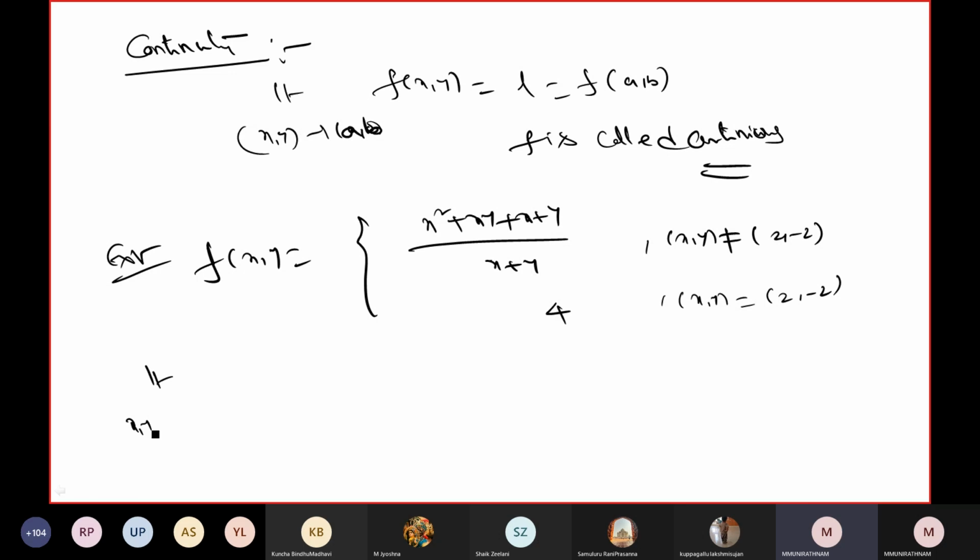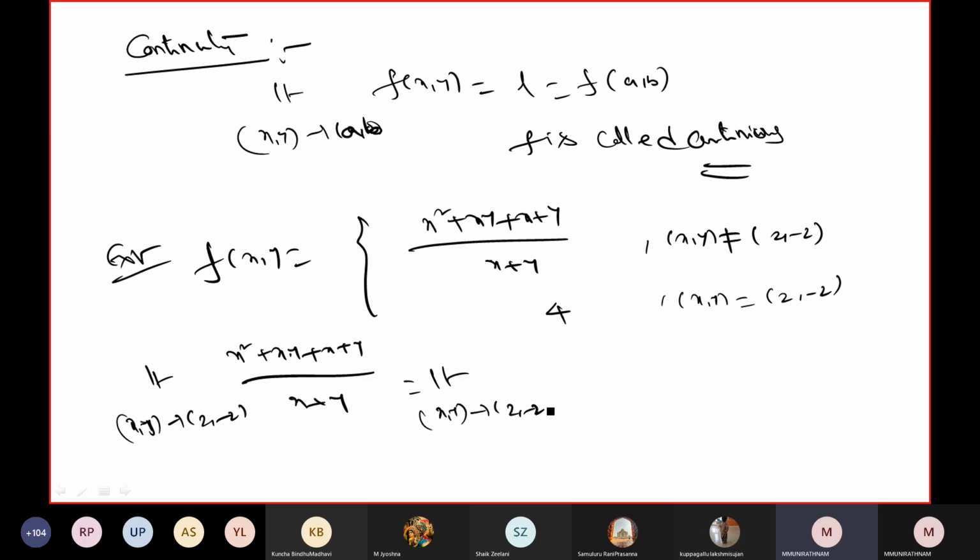Limit as (x, y) approaches (2, -2) of (x square plus xy plus x plus y) by (x plus y). x is taken common from the first two terms, and from both terms x plus y plus 1 is taken common: (x plus 1) into (x plus y) by (x plus y).